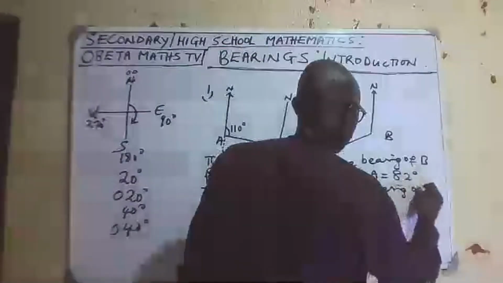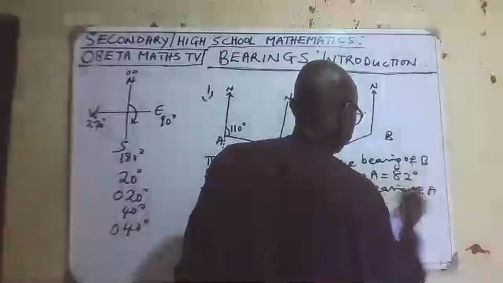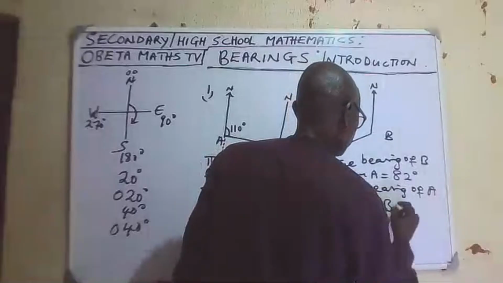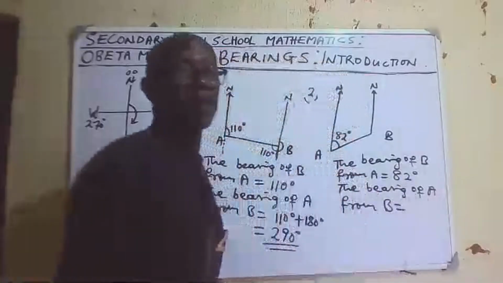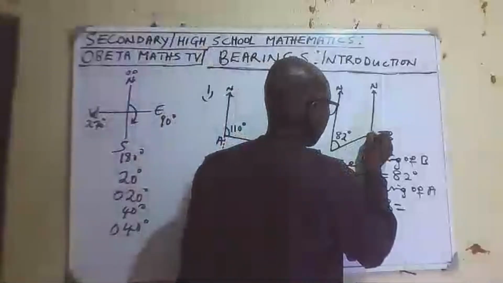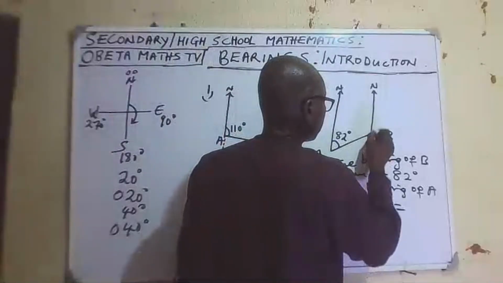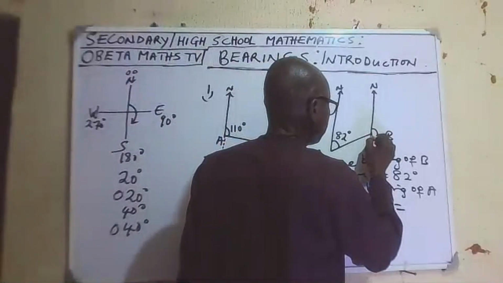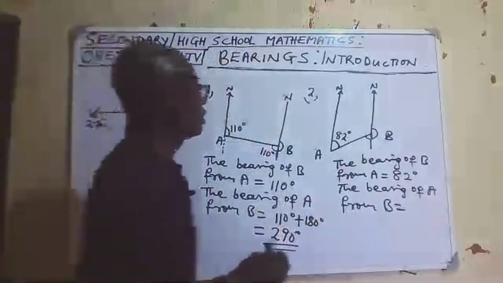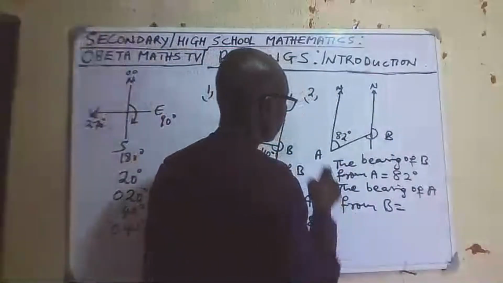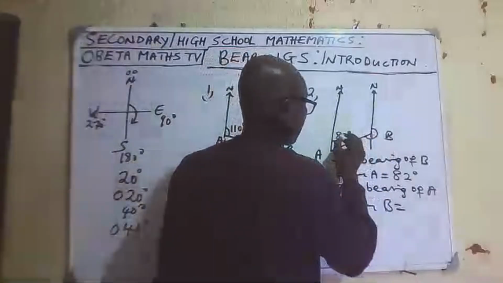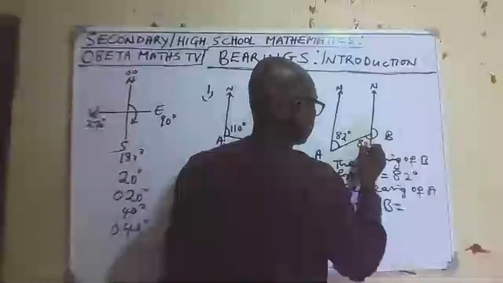the bearing of A from B should be equal to, use the same method we used in number 1. This is a straight line, then this is 180, but it will join the line from A. So the bearing of A from B is now 180 plus 82, because this is alternate to this.